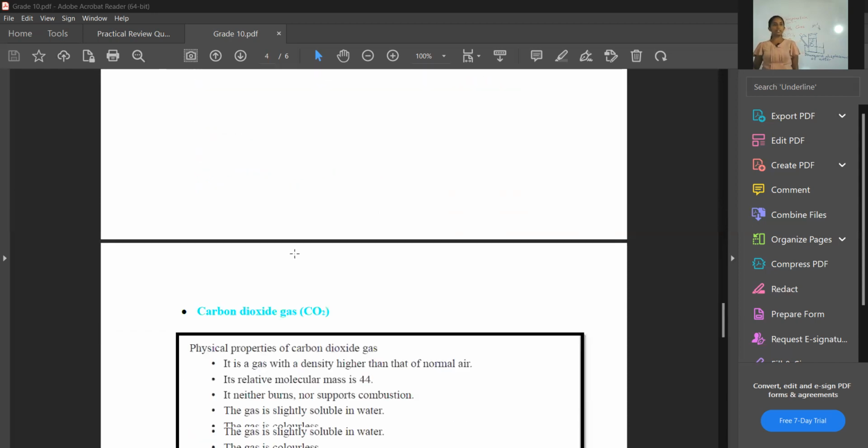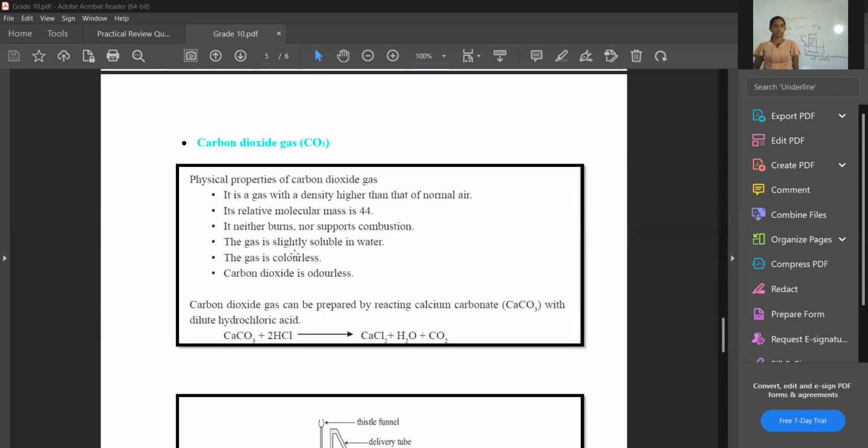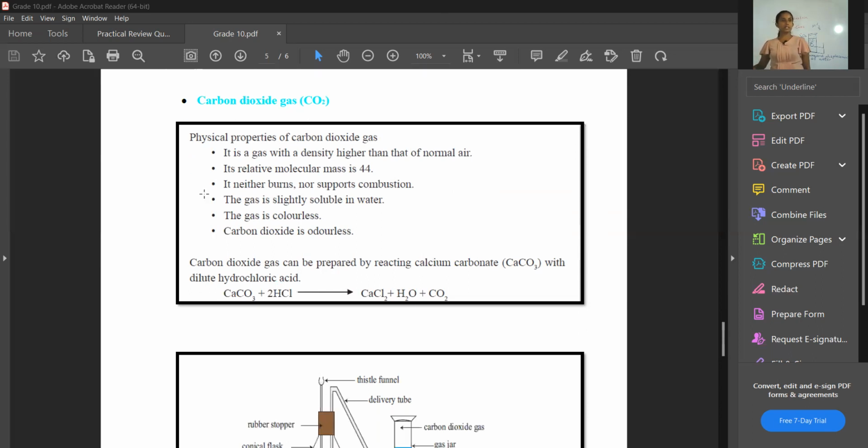Then we will move to the next one, carbon dioxide gas. I told you we have only these three: hydrogen, oxygen, and carbon dioxide. What are the properties of carbon dioxide? It is a gas with a density higher than the normal air, so carbon dioxide is denser than air.